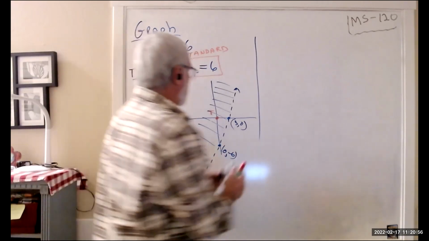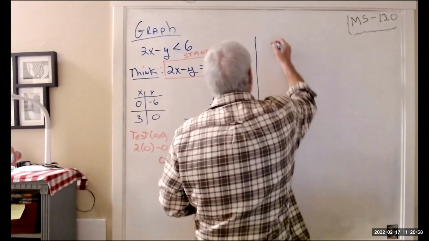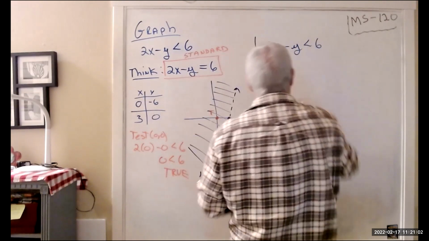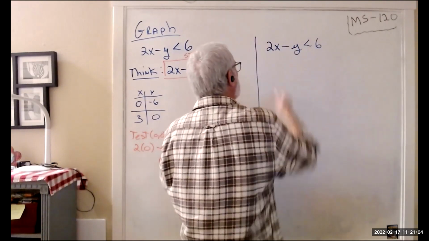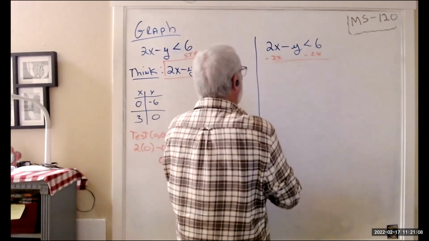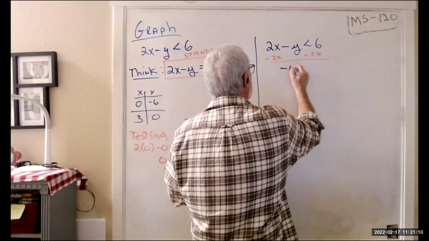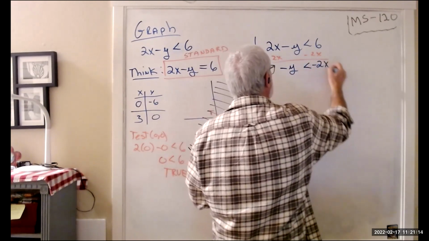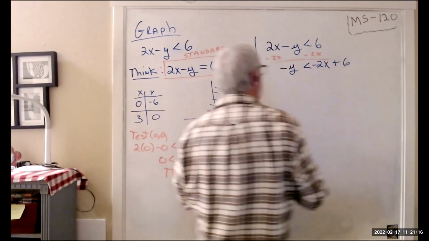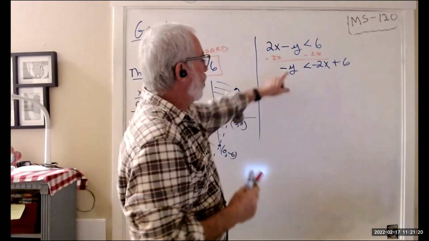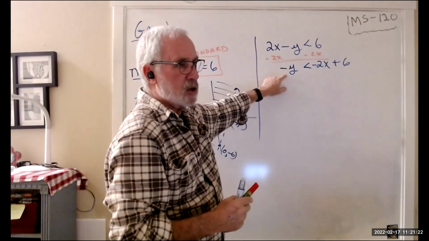Okay, whatever. So let's say we have this same problem, 2x minus y is less than 6. So we're going to take away 2x from both sides, and we get negative y is less than negative 2x plus 6. Now, slope intercept says you have to get y completely alone.